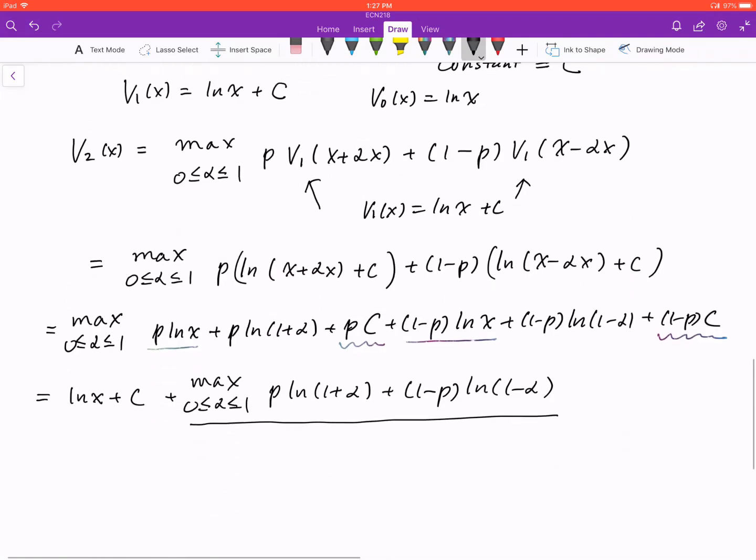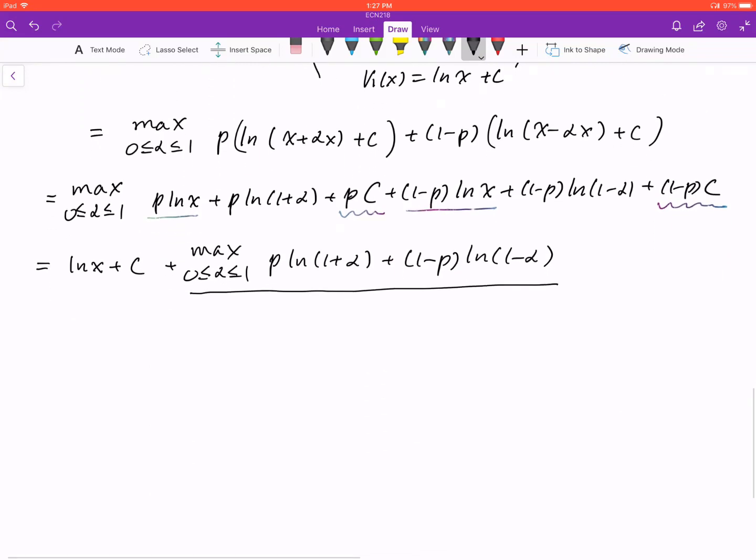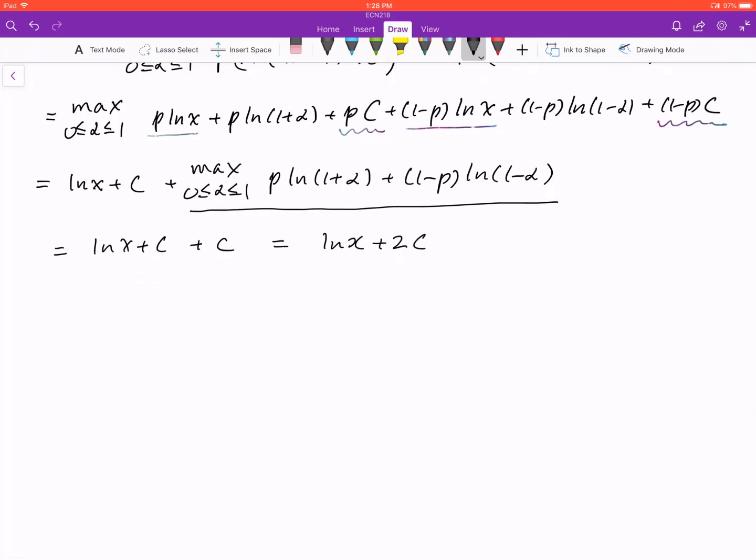So we don't need to solve this over again. We already know the maximum value is just c. So this is log x plus c plus c again, which is log x plus 2c.